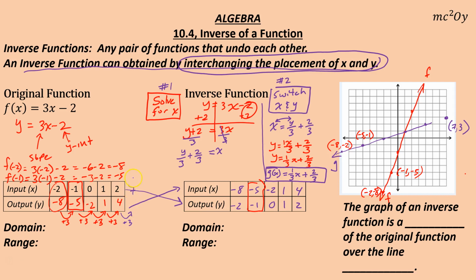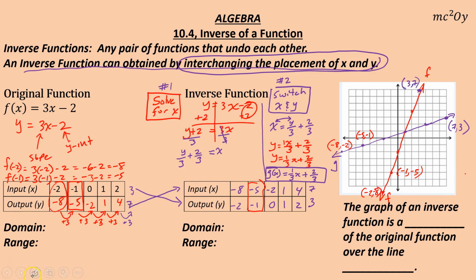That would have been not 7 there, but 7 there and 3 there. So that point right there, (7, 3), which is here, is actually (3, 7) on this one, which should be right there. That means I missed it just a bit. I was off on my graph. Didn't use a straight edge, but (3, 7). So if you're given a table, you can just interchange the x and y's.